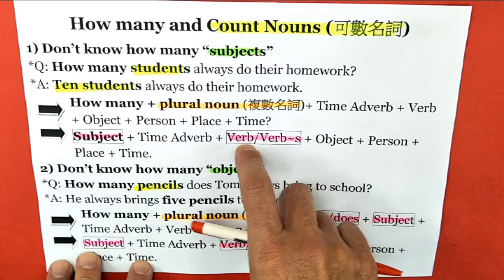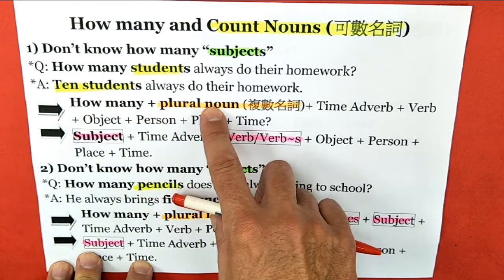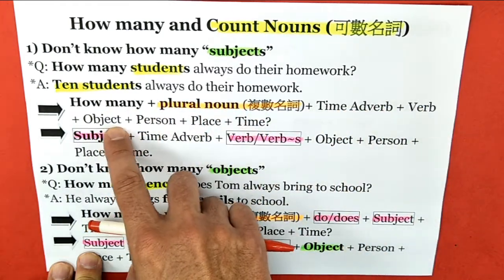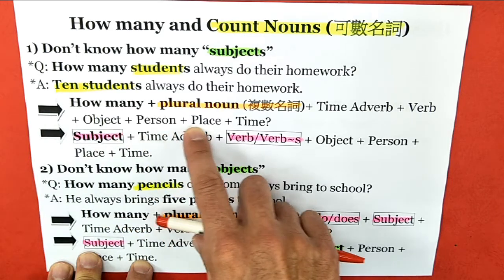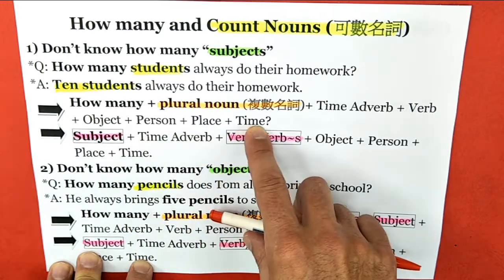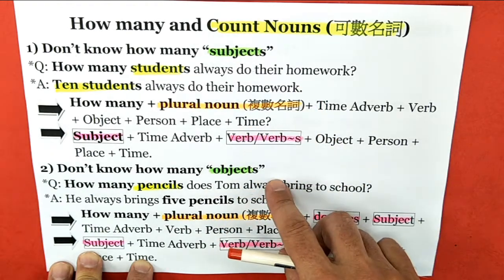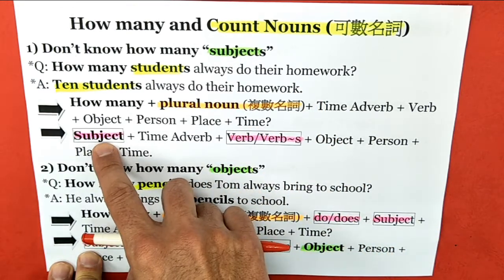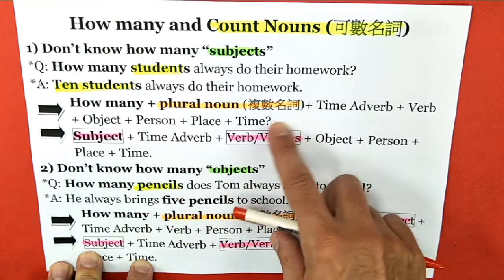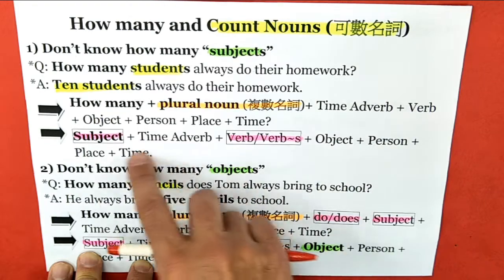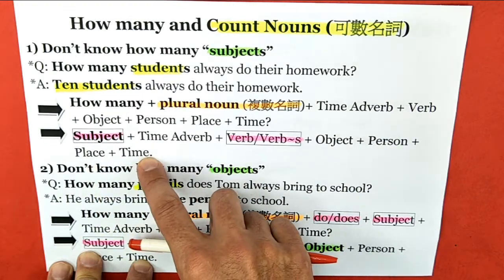For example, if I asked, how many students always do homework with their teacher at school every day? Let's say just 1 student. So I say, 1 student always does homework with the teacher at school every day.